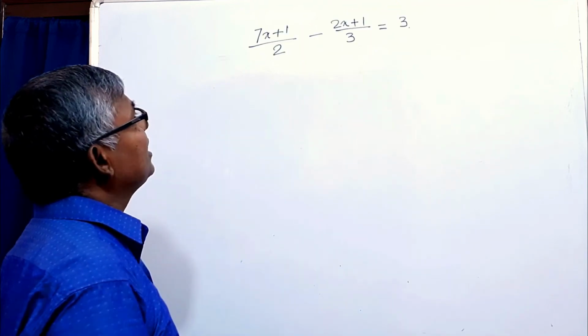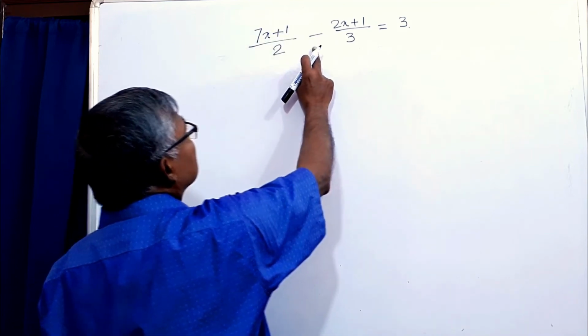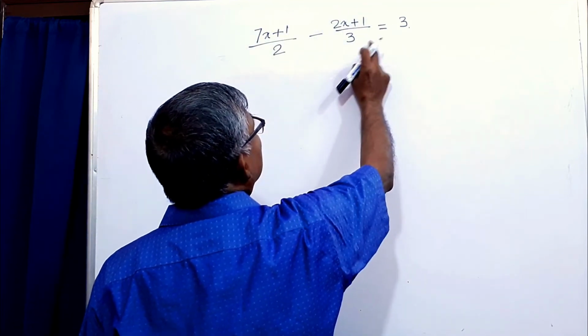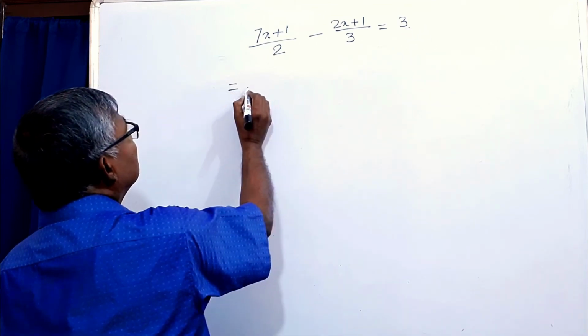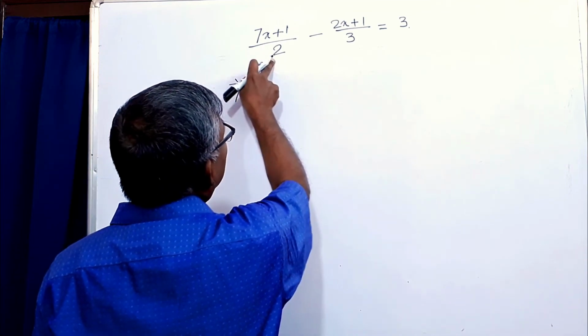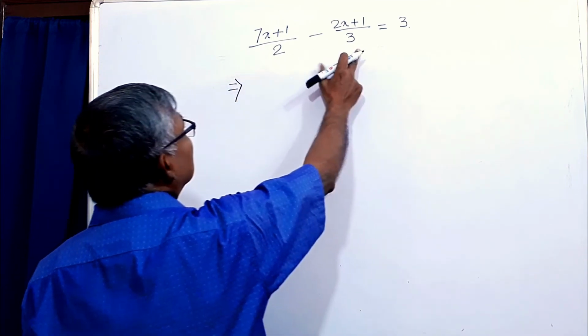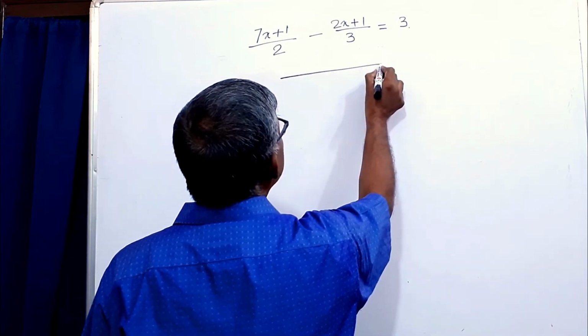Let us consider the equation (7x plus 1) by 2 minus (2x plus 1) by 3 equals 3. Students, see, here the denominator is 2 and here is 3. You have to take the LCM of these two. So what would be the LCM of these two numbers?